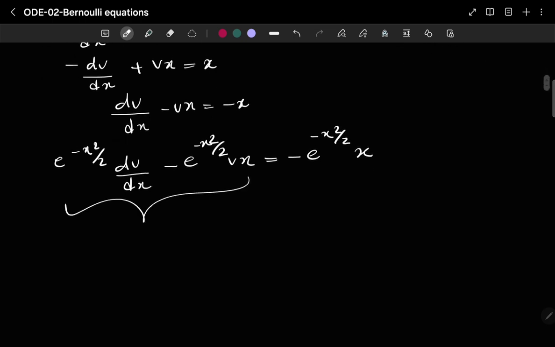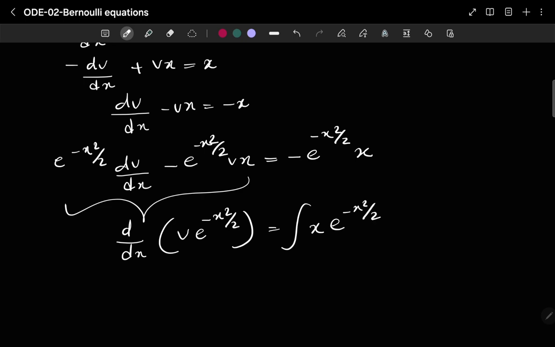We can now write the left side as the derivative of v e^(-x^2/2), and integrating this, we have v e^(-x^2/2) = e^(-x^2/2) + c, where c is an arbitrary constant.